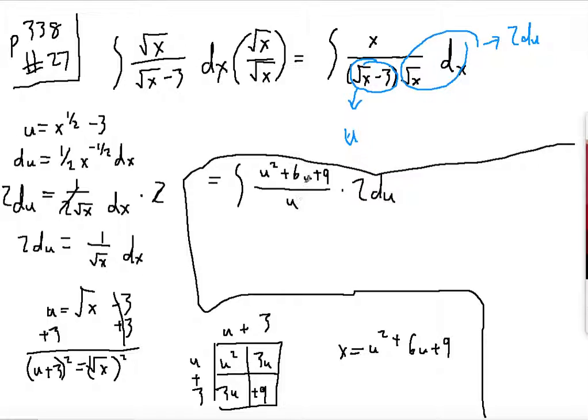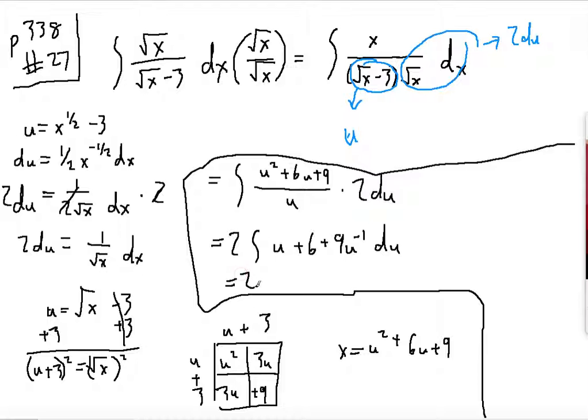Now this one again, I would not take the integral until you've simplified each piece. You are allowed to divide each term by the denominator. So I'm going to bring the 2 outside as well. So 2 times the integral of u plus 6 plus 9 times u to the negative 1 du.